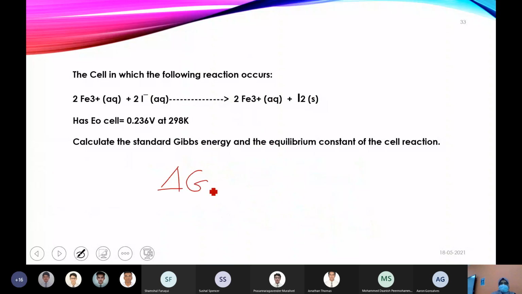Delta G0 is equal to negative 2.303 RT log K. Should this calculation be taken in kilojoules? Delta G, you already calculated previously, right? The same value you have to use, in kilojoules.